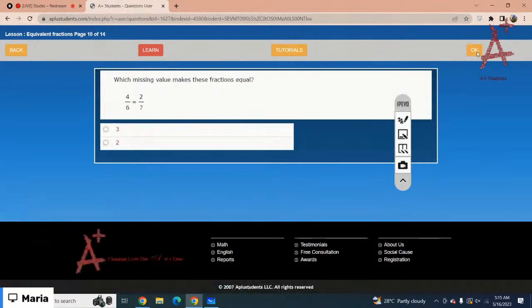Which missing value makes this fraction equal? It would be 3. 2 times 3 is 6, so it would be 3.